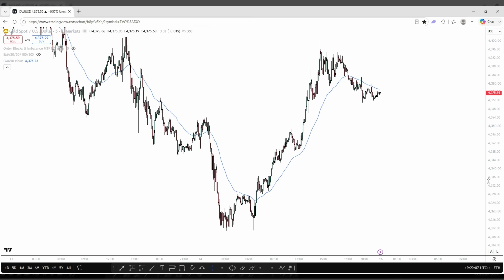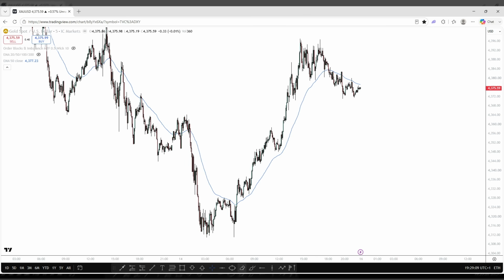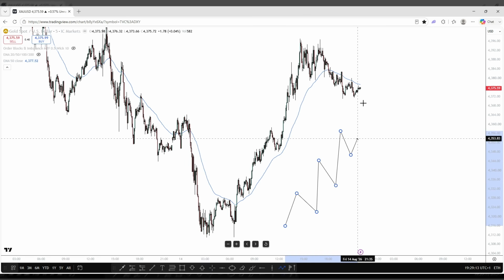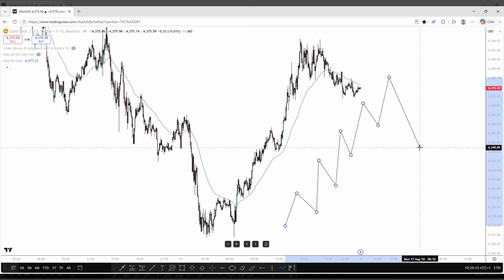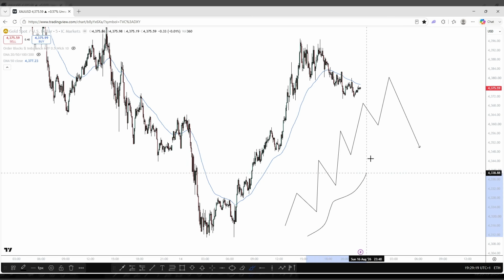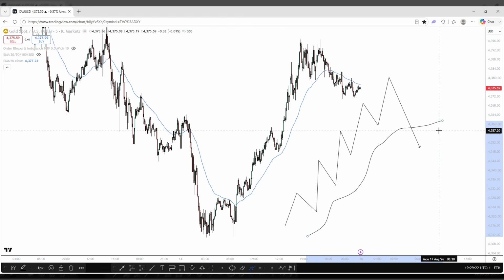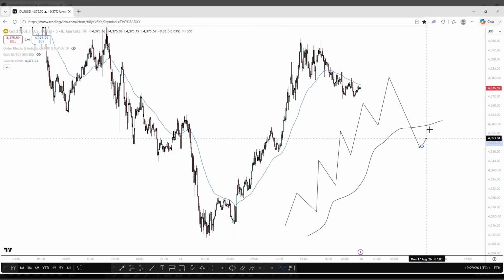They're going to be the best ones to focus on. I would advise backtesting this after, but basically, if you are looking to sell, you want to see price moving up with the EMA traveling like so. Once price breaks through that EMA, what we want to be doing is optimizing the retest.